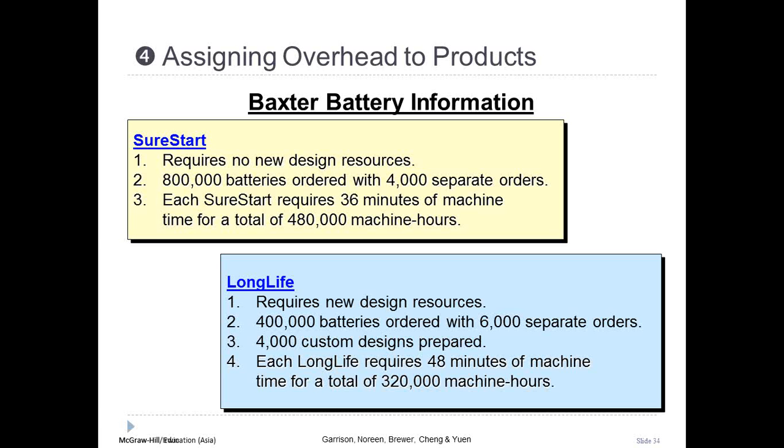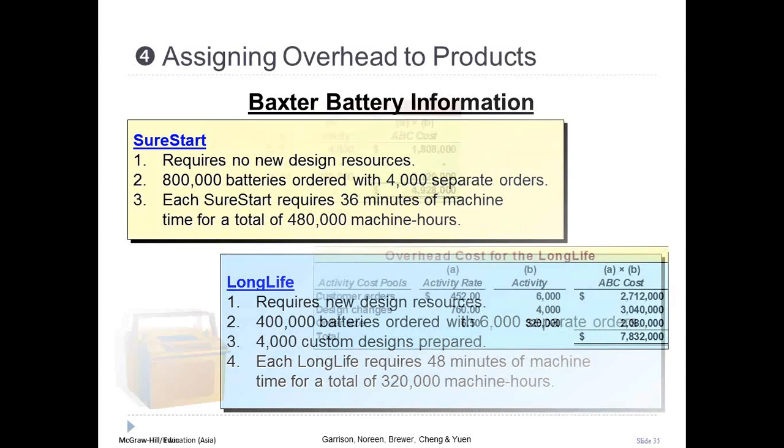There were 4,000 separate customer orders placed for 800,000 Sure Starts and 6,000 customer orders placed for 400,000 Long Lives. All 4,000 design changes related to the Long Life batteries. The Sure Start battery consumed 480,000 machine hours, and the Long Life consumed 320,000 machine hours.